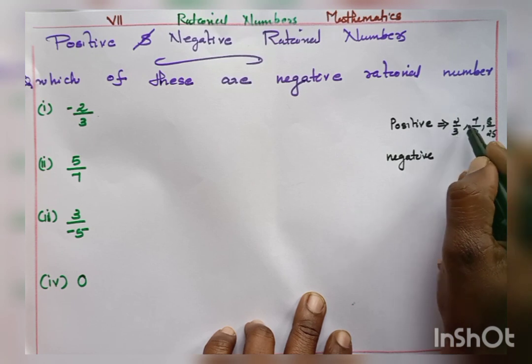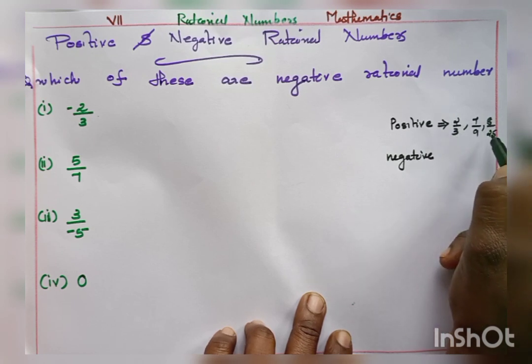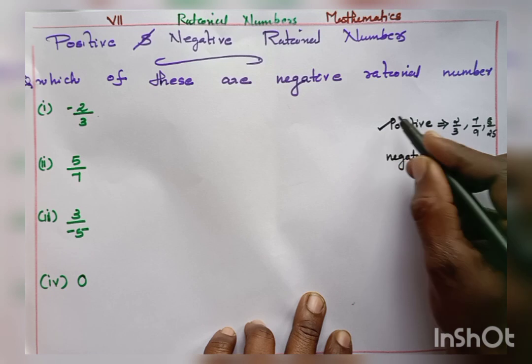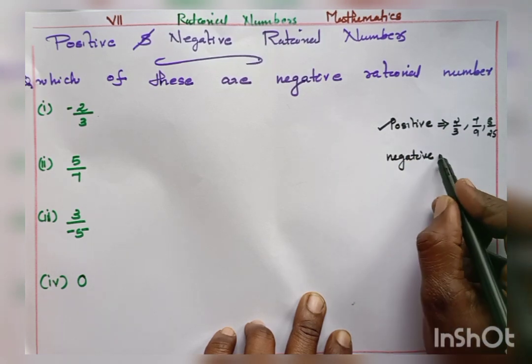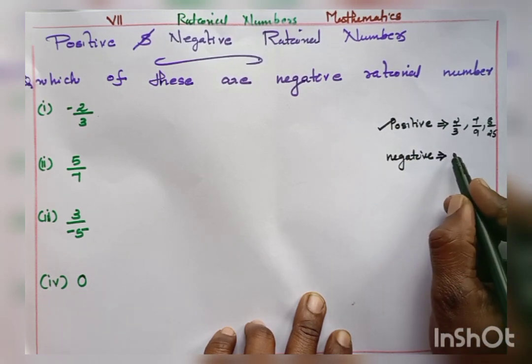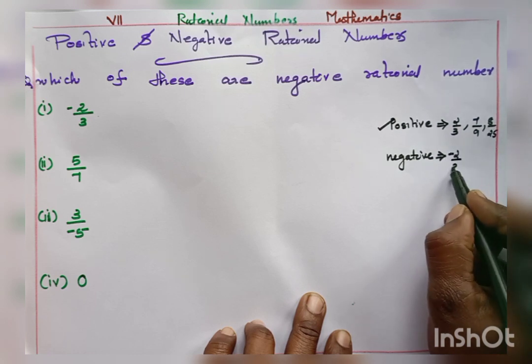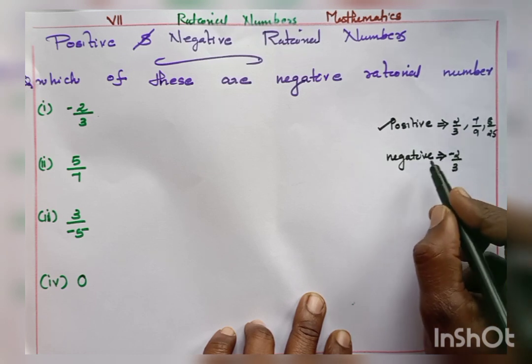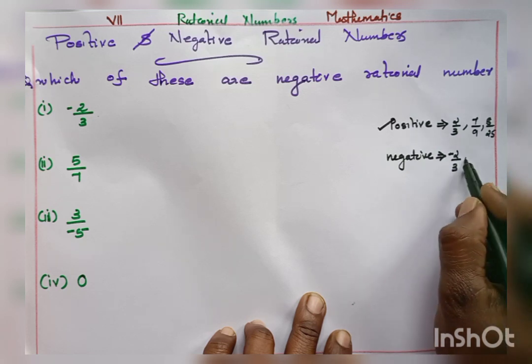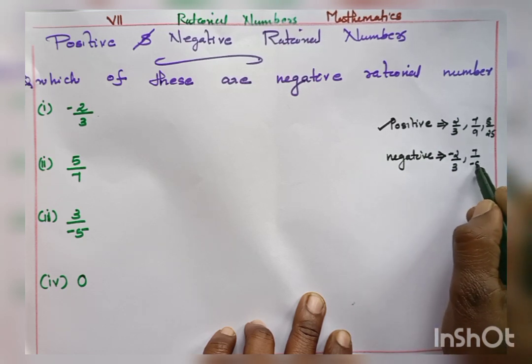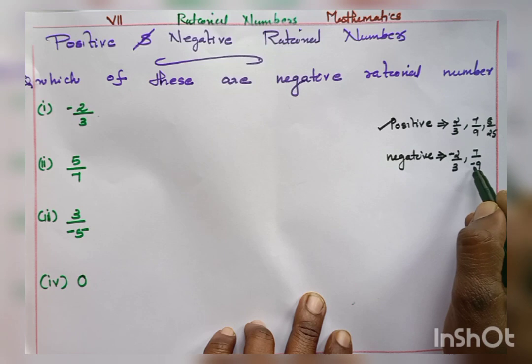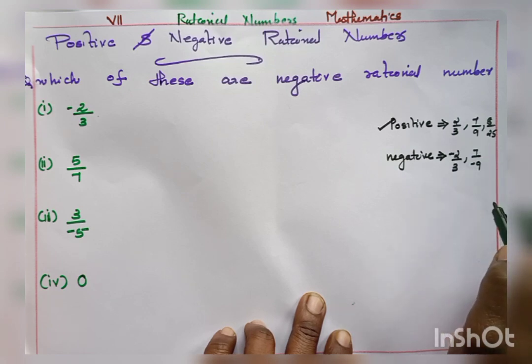See, both numerator and denominator are positive, so these are positive rational numbers. Then, if the numerator or denominator has a negative sign, negative 2 by 3, see the numerator is negative, so that is a negative rational number. Or 7 by minus 9, see the denominator is negative, that is a negative rational number.